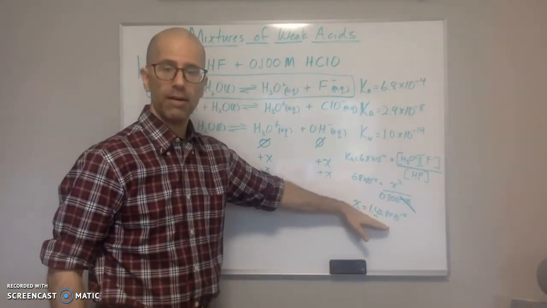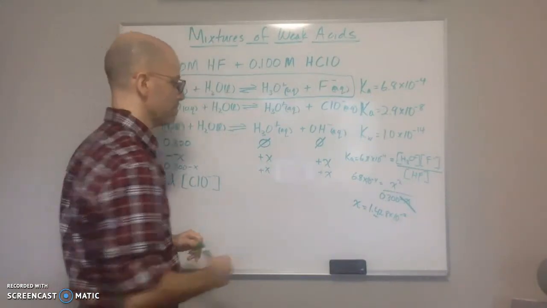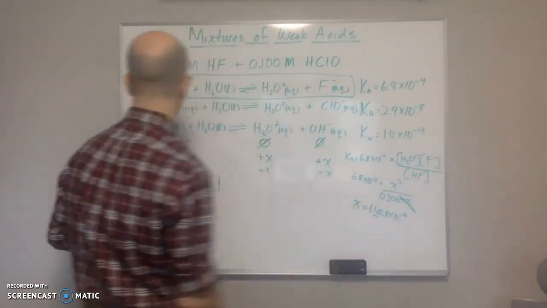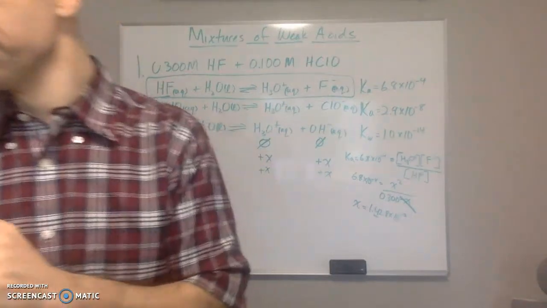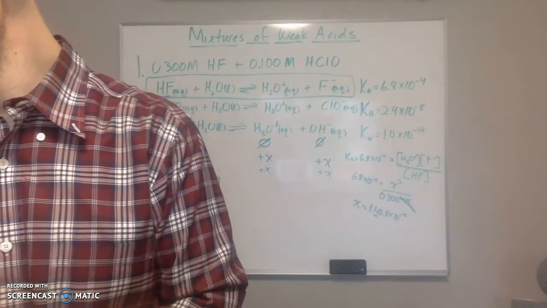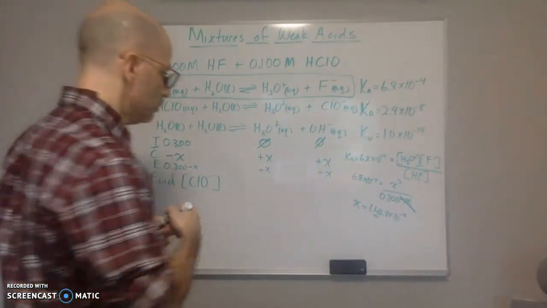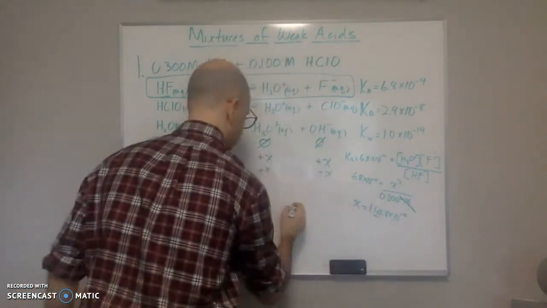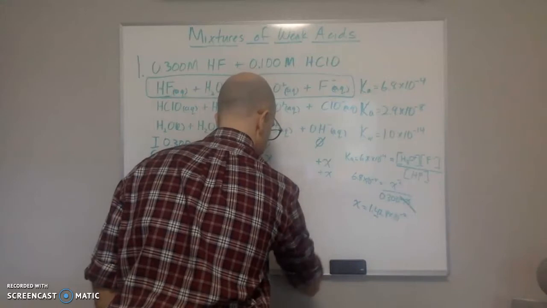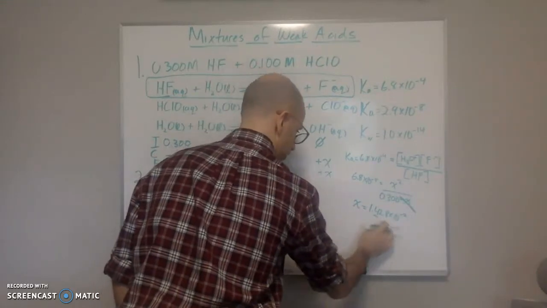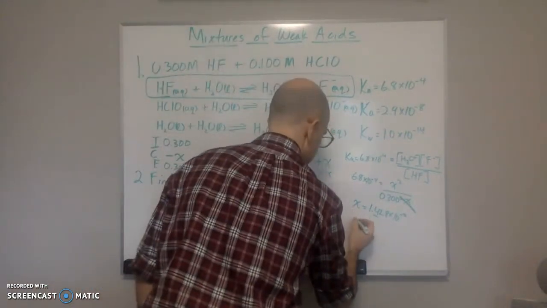We could validate this by dividing this by 0.3 and multiplying by 100. So we take this amount, we're going to divide it by the initial amount, multiplied by 100.